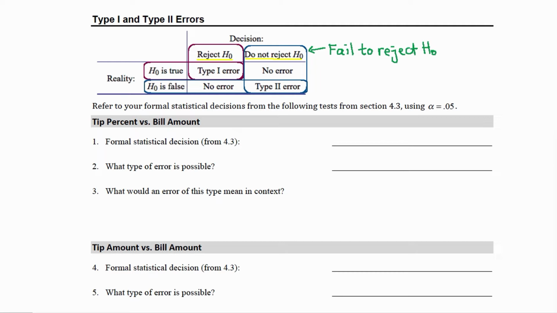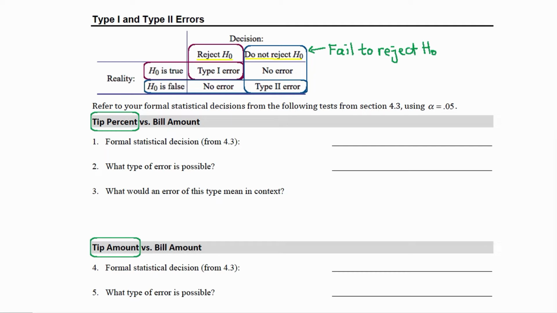First, we had our tip percent versus bill amount. Then we had our tip amount versus bill amount. So recall that in tip percent versus bill amount, we did not find evidence of a linear association between the amount of the bill and the percent of the tip.